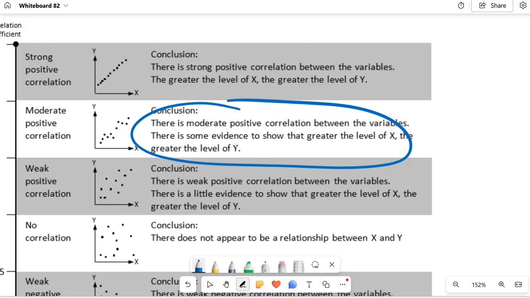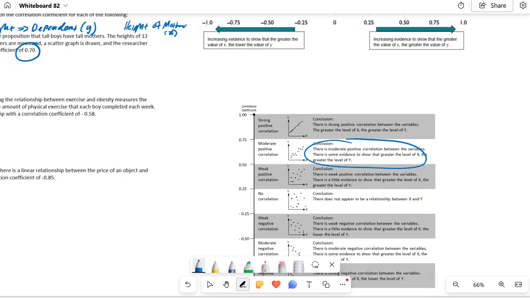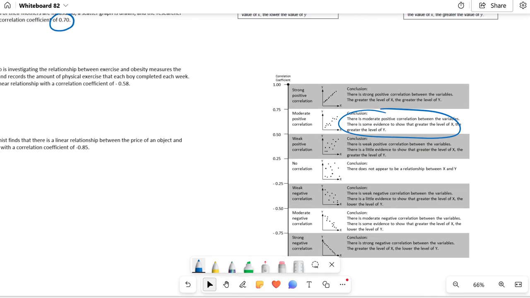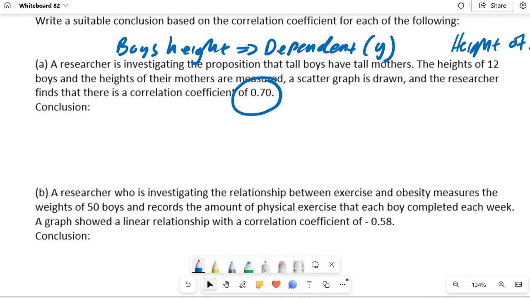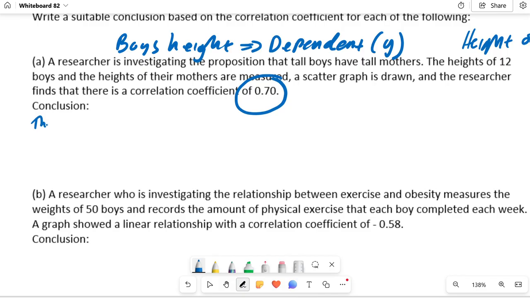But I can't just say X and Y. I need to use the variables in this context. Okay, so there is moderate correlation between the variables, moderate positive correlation. Okay, so there is a moderate positive correlation between the variables.